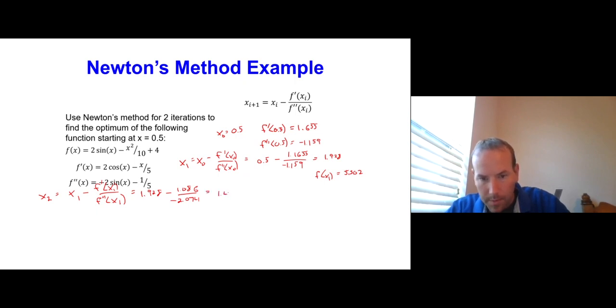And you get 1.405. And if we check how high that is, f of x2 equals 5.775. So that's the height of our function, and we see that it did much better than golden section or steepest descent.